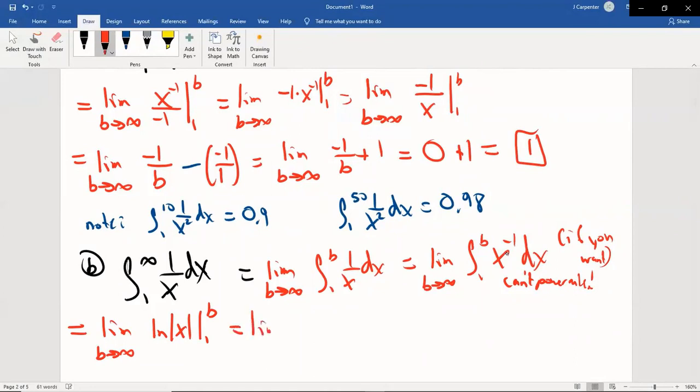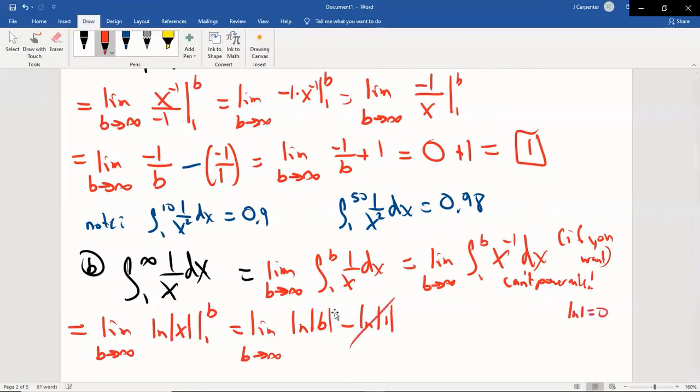All right, so this is the limit as b goes to infinity. I will leave it, though, to be technically correct. The natural log of the absolute value of b minus the natural log of the absolute value of 1. The natural log of 1 is 0. Please never, ever forget that. The natural log of 1 is 0.